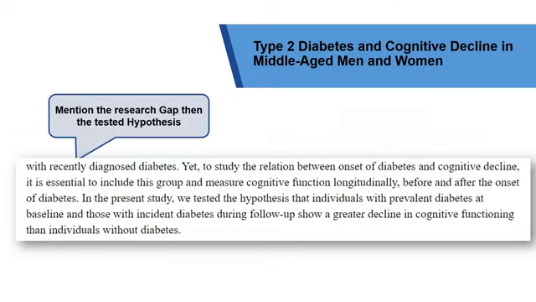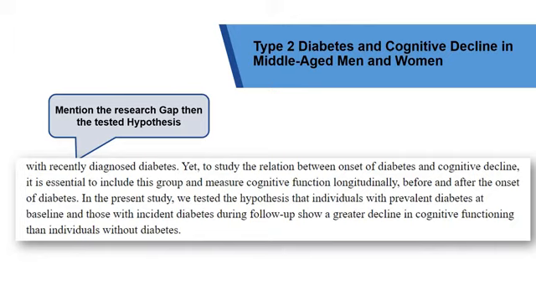The third example is on type 2 diabetes and cognitive decline in middle-aged men and women. So this study mentioned clearly their hypothesis. So first, they mentioned the research gap, saying, to study the relation between onset of diabetes and cognitive decline, it is essential to include this group and measure cognitive function longitudinally before and after the onset of diabetes.